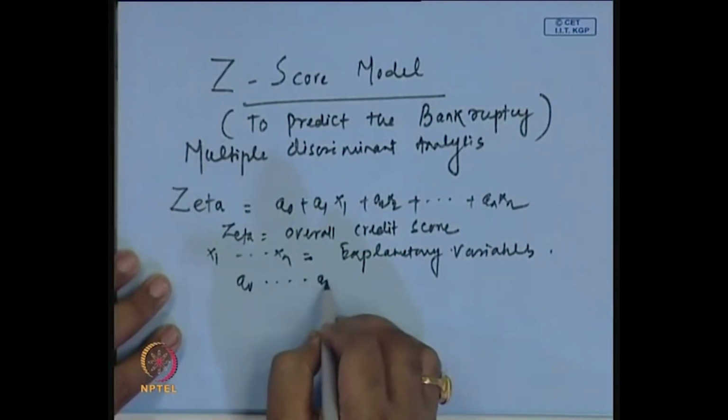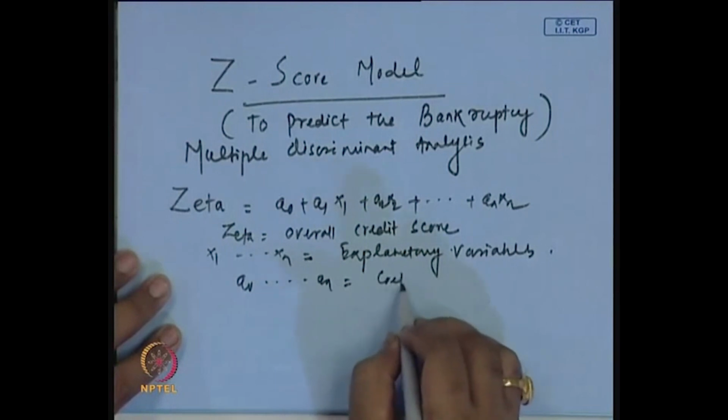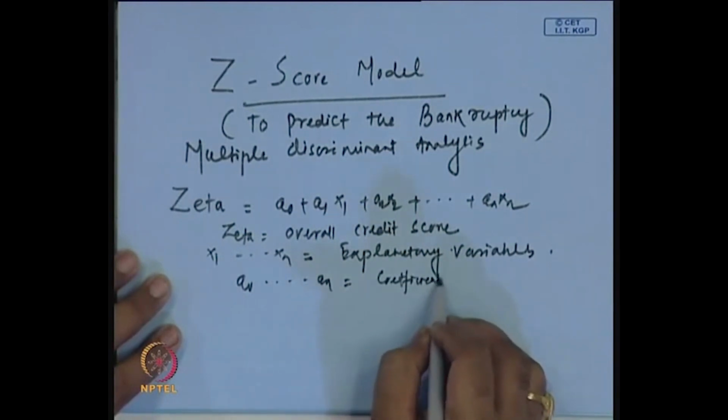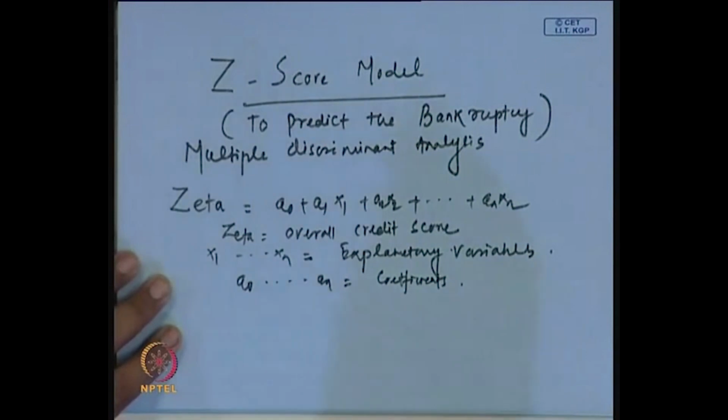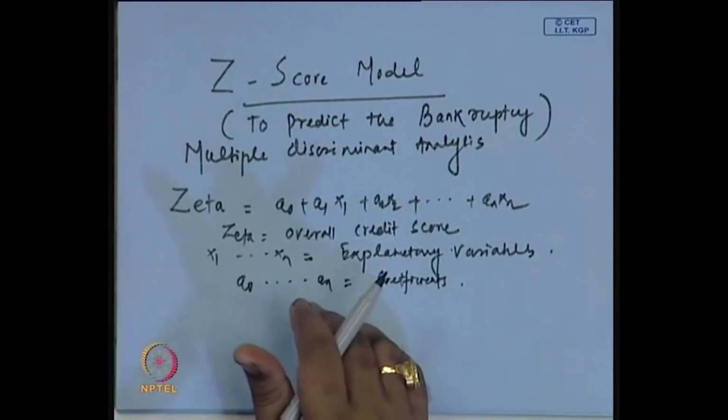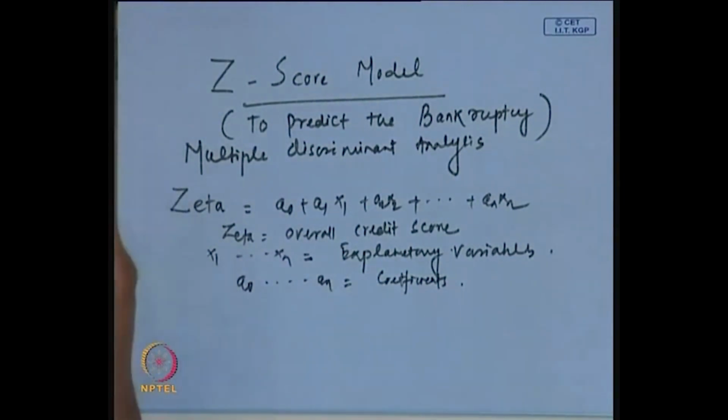And a0 to an are the coefficients. Which are the variables that particularly affect this?